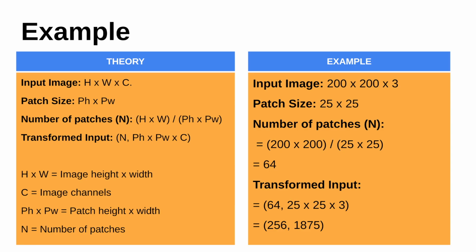For this example, we have a patch size of 25 by 25, that is the patch height and patch width. Now the formula for the number of patches, n, is equal to image height multiplied by image width divided by patch height multiplied by patch width. Here we do the same operation, 200 multiplied by 200 divided by 25 into 25. In total the calculation comes to be 64.